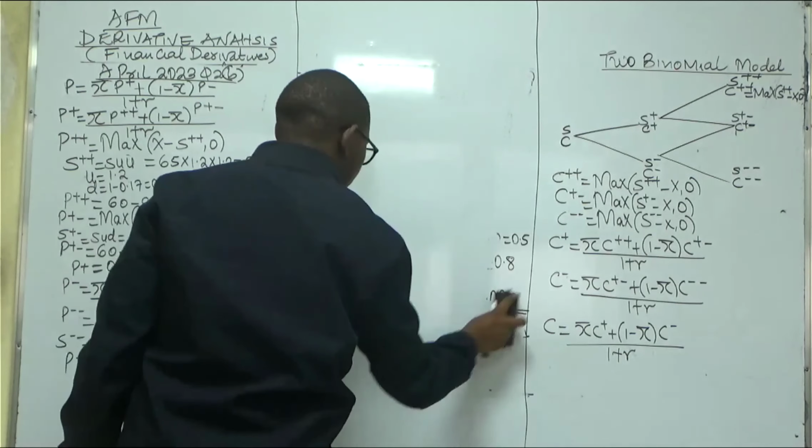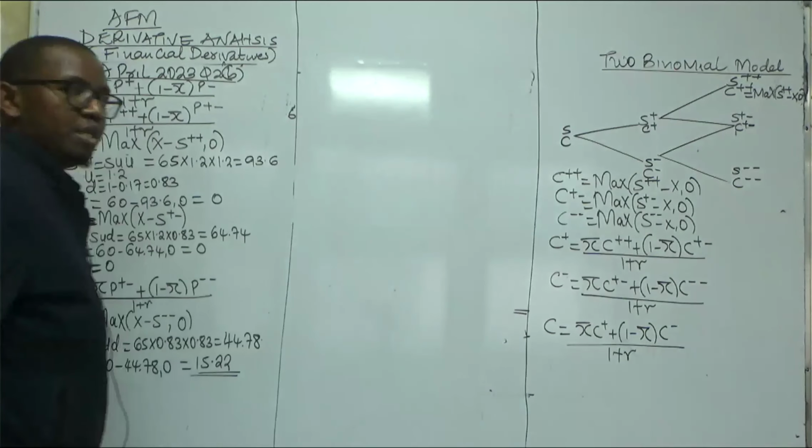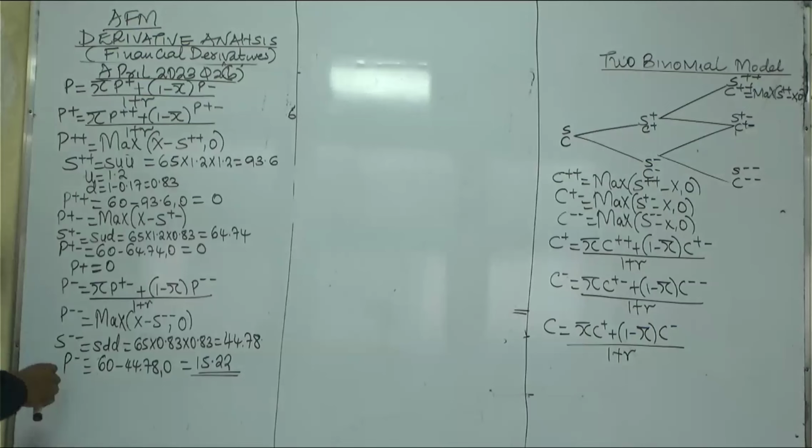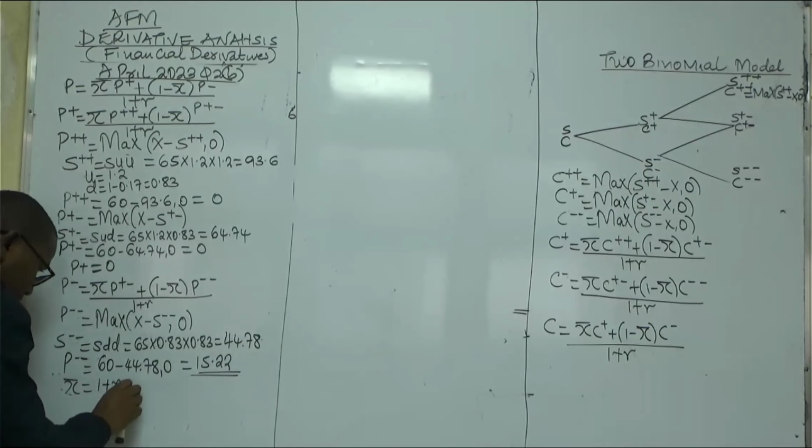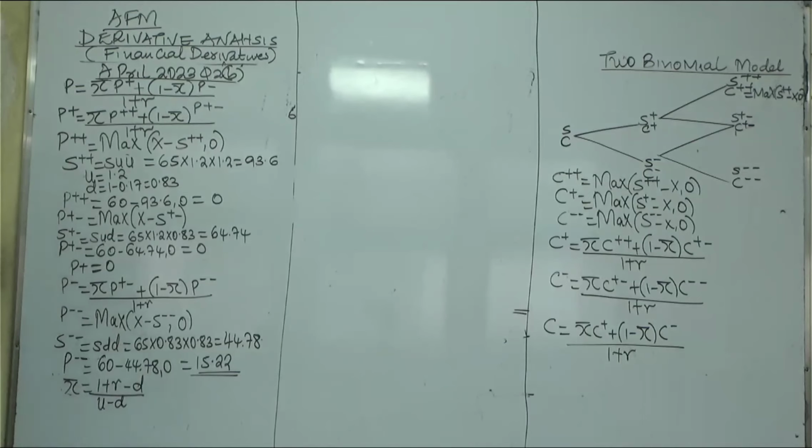And now that we have P minus minus, what is remaining is just the risk neutral probability. This is (1 plus R minus D) divided by (U minus D).